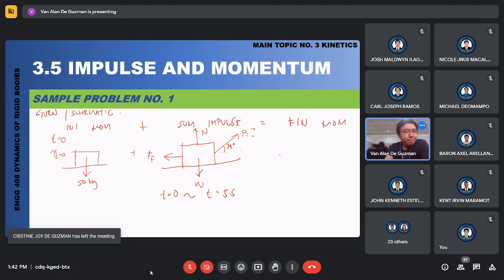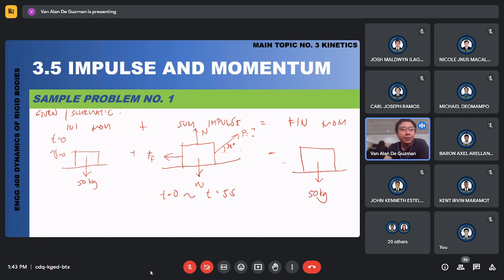Okay? And lastly, upon application nitong force natin and the initial momentum na meron na tayo, ano po yung kanyang magiging final na set point? Yung kanyang final momentum, again, mass times velocity, so the same mass, constant mass nga po tayo. Hindi po magbabago yan. 50 kilograms.